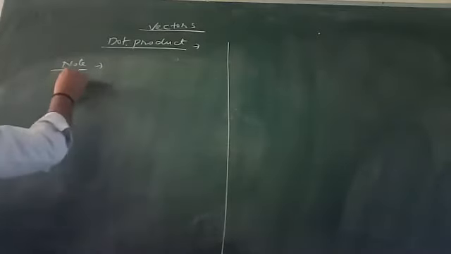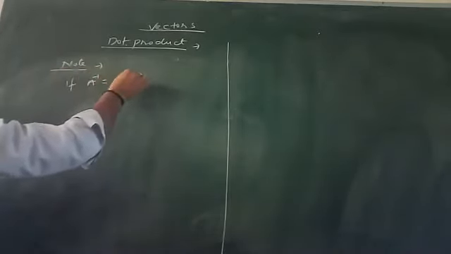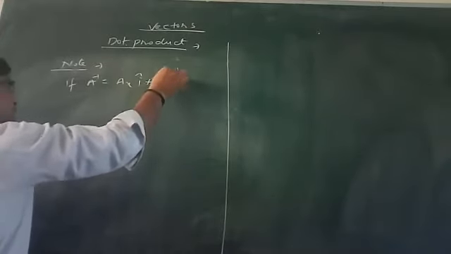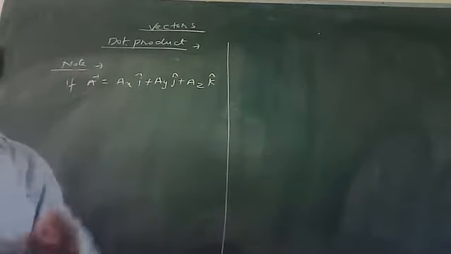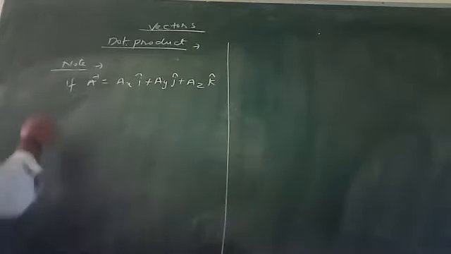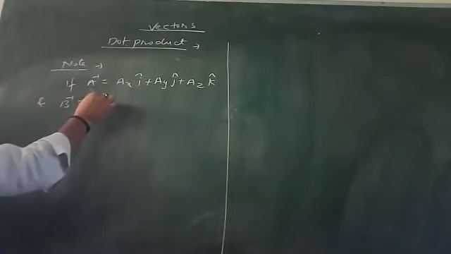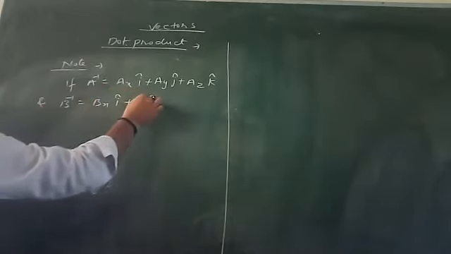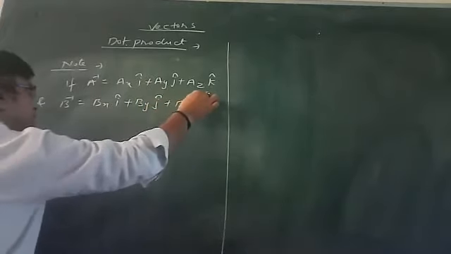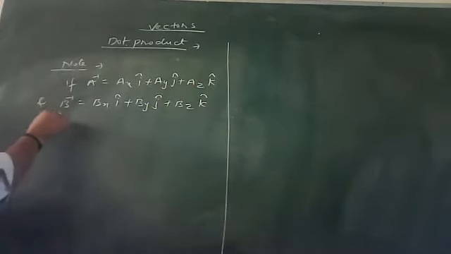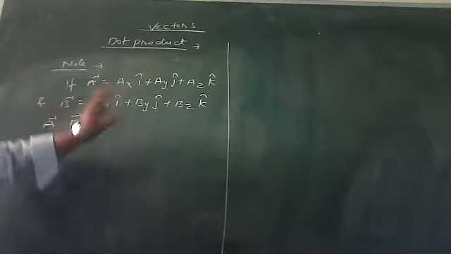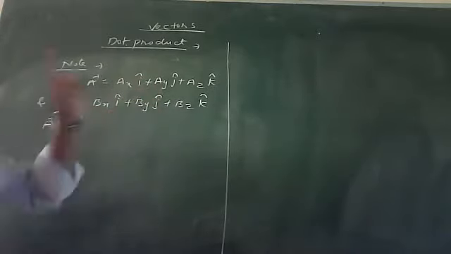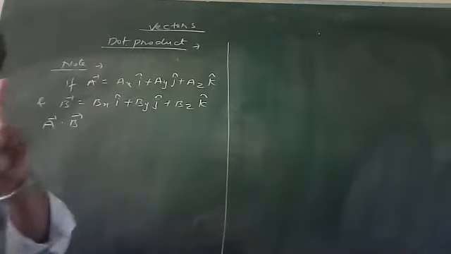Note here, if a vector is equal to ax I cap plus ay j cap plus az k cap, these are the three components of the vector in the x-axis, y-axis as well as z-axis. And b vector is equal to bx I cap plus by j cap plus bz k cap. And if you want to do the dot product of a vector with b vector, a dot b, then utilize the concept that if I am multiplying I cap with I cap, I will get 1, j cap with j cap, I will get 1, k cap with k cap, I will get 1.